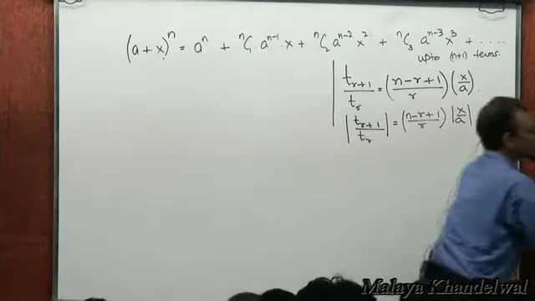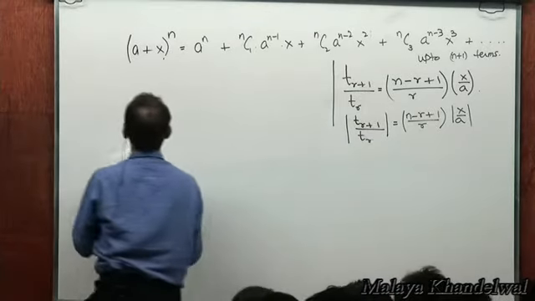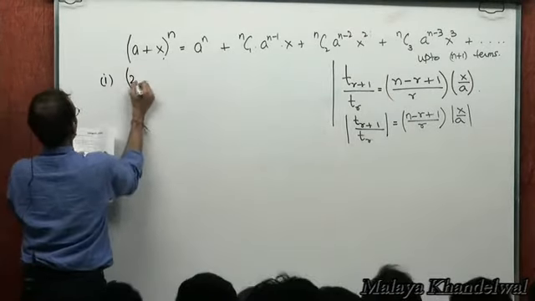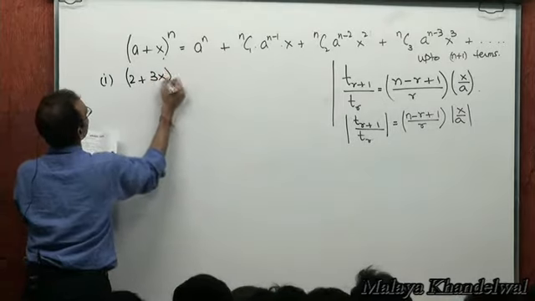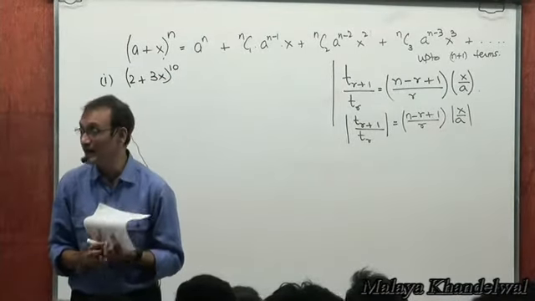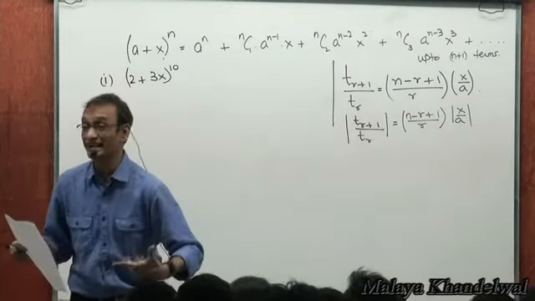Now look, this problem, (2 plus 3x) to the power 10. When I expand this, it will give me 11 terms. I want to find the term which is numerically the greatest.